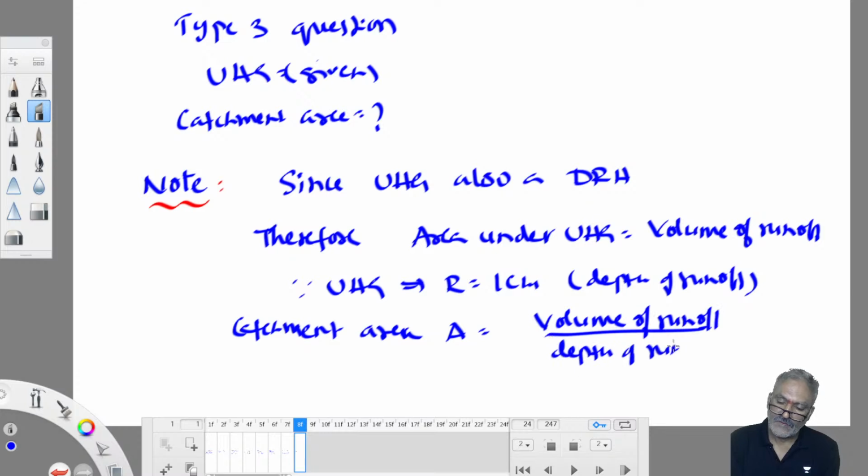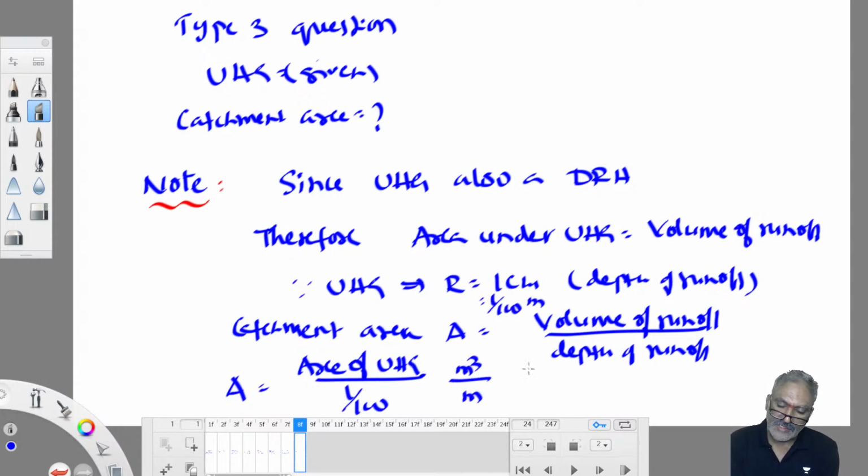Volume of runoff is the area of the unit hydrograph, which we measure, and we divide by the depth of runoff, 1 centimeter, which is nothing but 1 by 100 meters. So this will be in meter cube, this in meter, and you will get catchment area in meter square. To convert into kilometer square, divide by 10 power 6. Or if you divide by 10 power 4, you will get catchment area in hectares.